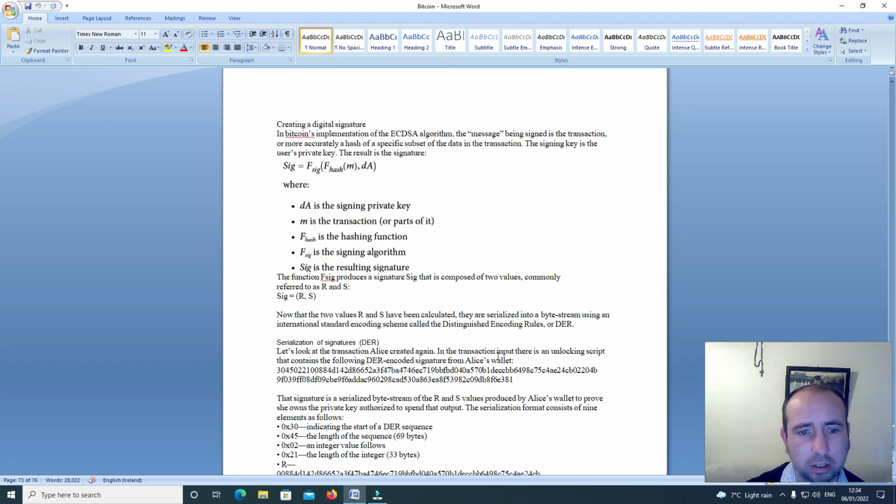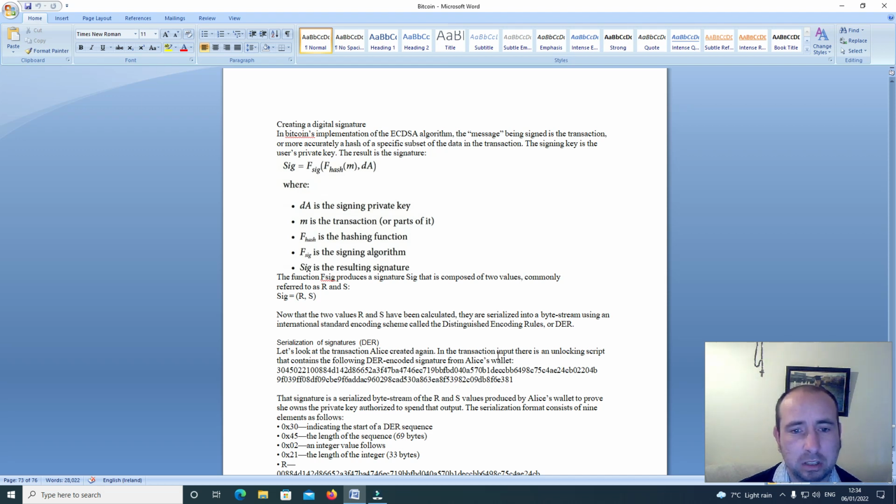Creating a digital signature. In Bitcoin's implementation of the ECDSA algorithm, the message being signed is the transaction, or more accurately, a hash of a specific subset of the data in the transaction. The signing key is the user's private key.